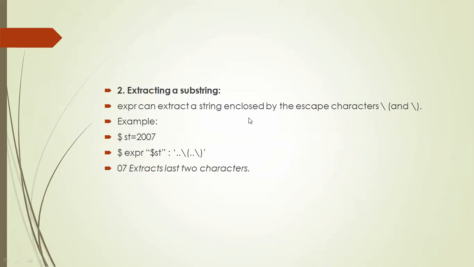To do that, the pattern must be enclosed by the escape characters, because these brackets have a special meaning, they are meta characters. Then use this regular expression: dot dot, a backslash, then a bracket, then a pair of dots, a backslash, and close the bracket. Now this will extract a substring from the given string.